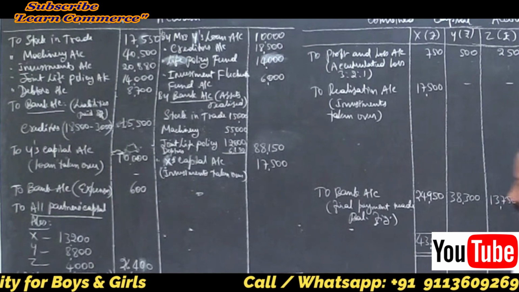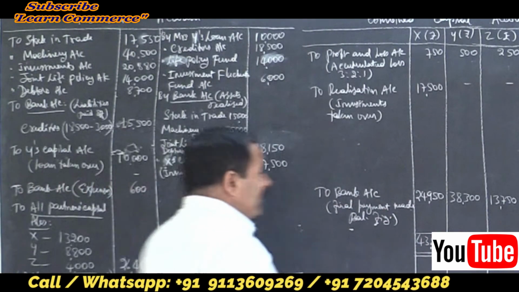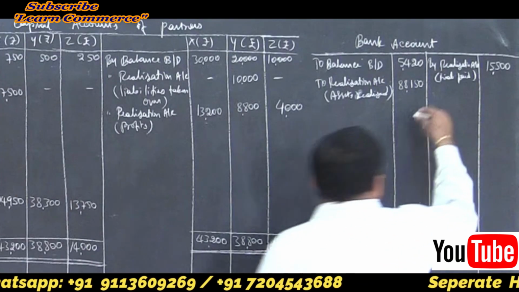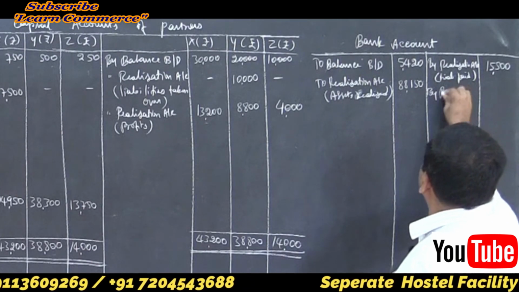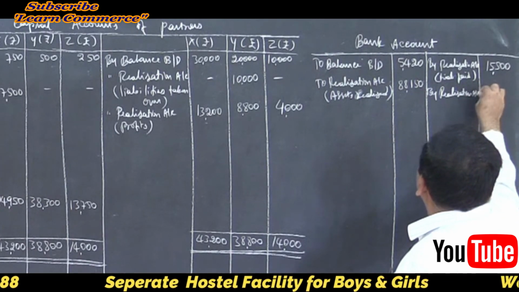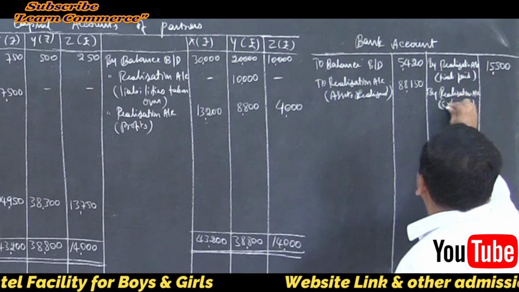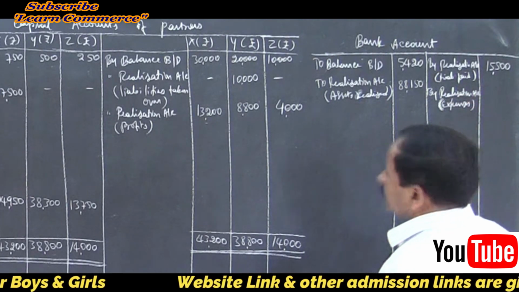Then what else? One more expense is there, isn't it? Realization account to bank account, expenses. How much is it?